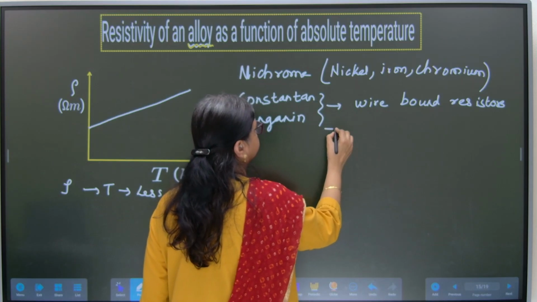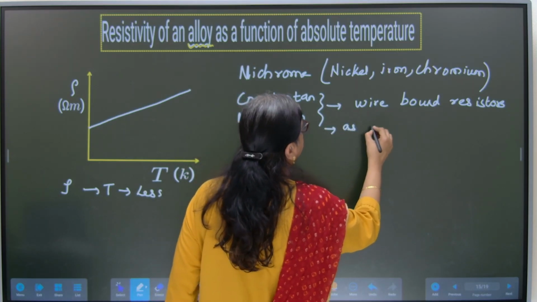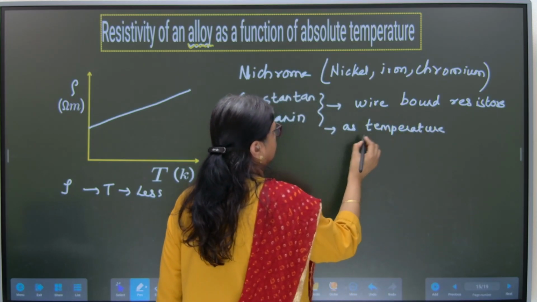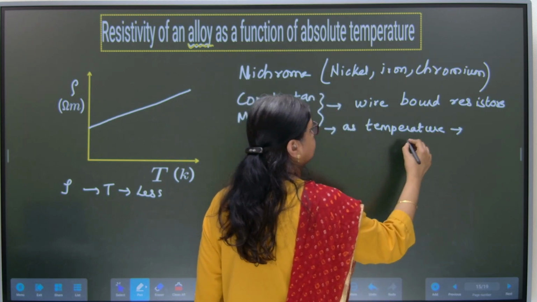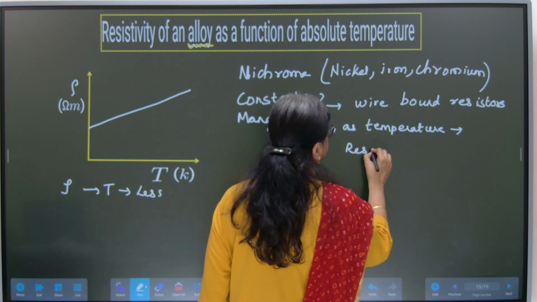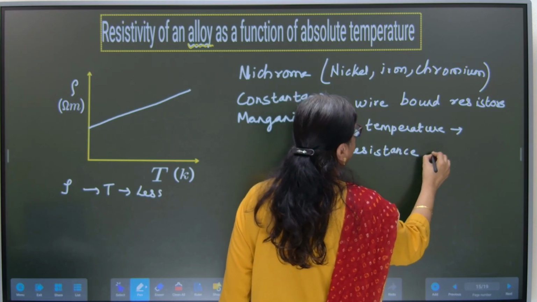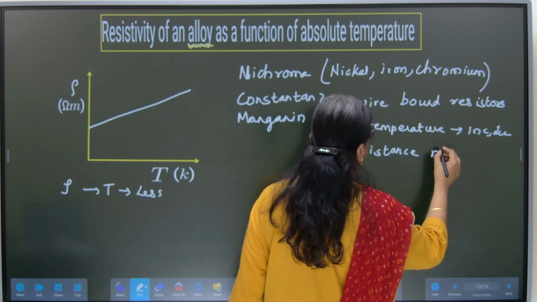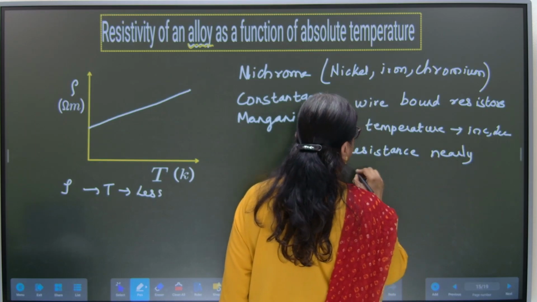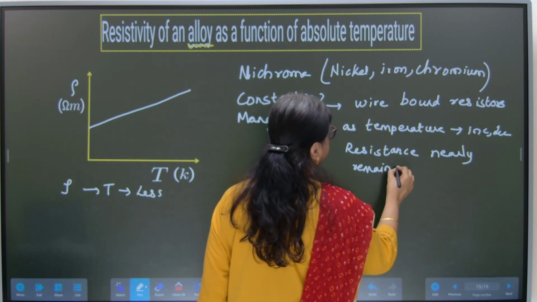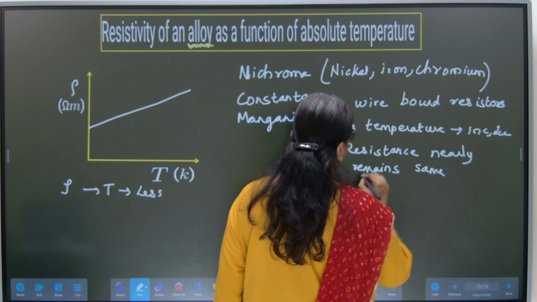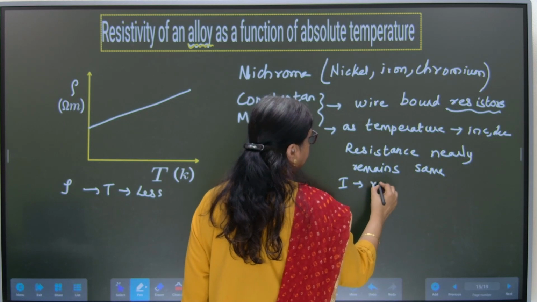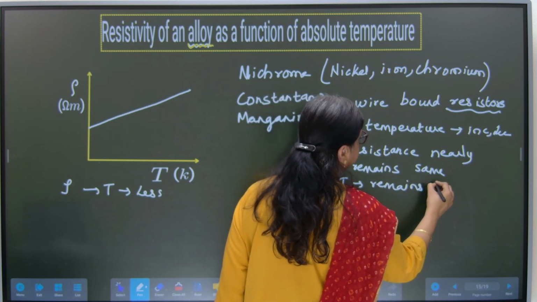Why? Because as temperature increases or decreases, resistance nearly remains the same, such that the current also passing through the wire bound resistor remains the same.